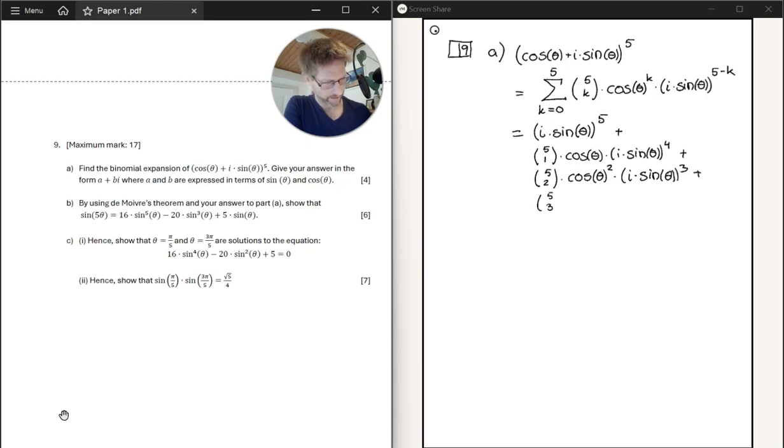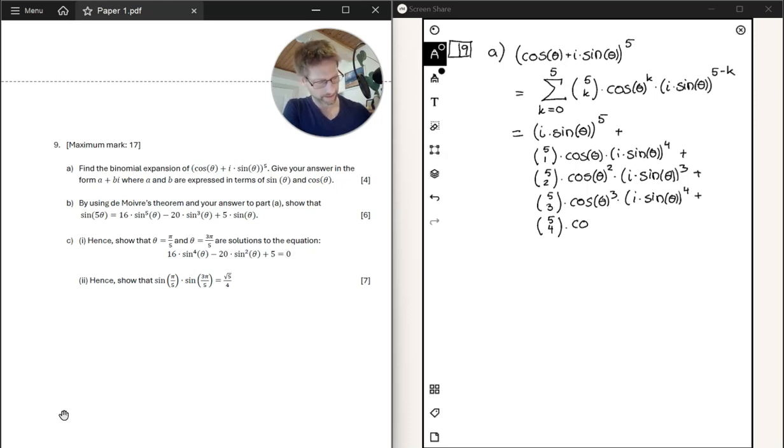5 choose 3 cosine theta cubed I sine of theta to the power 4. 5 choose 4 times cosine. I just made a mistake, didn't I? I made the power up here.